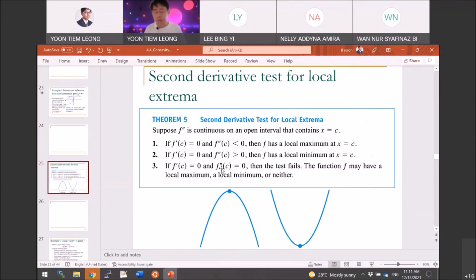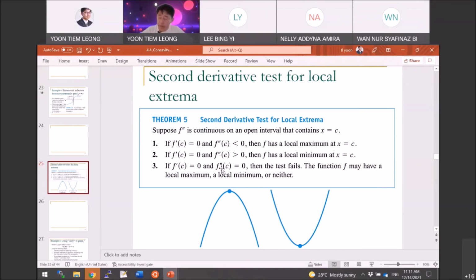It is also possible that the point is a local maximum or a local minimum, but you cannot be sure. In that case, where f prime is 0 and f double prime is 0, to determine whether it is a local maximum or local minimum, you have to revert to the first derivative test.